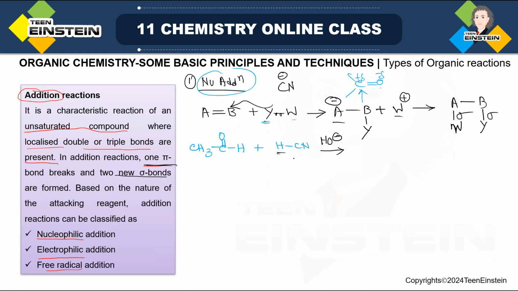Now CN minus will be generated, and you can show the mechanism directly like this, or you can draw CN minus like this and then attack. Both are okay. When it attacks, negative charge comes over oxygen.